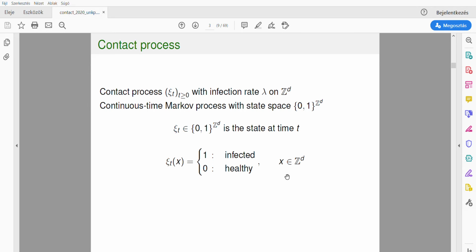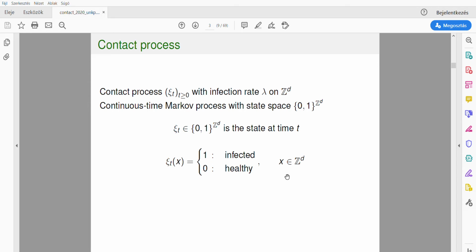These are going to change over time. Healthy individuals can become infected, then they can become healthy again, and this can go back and forth. So this contact process is a model of a disease for which there is no immunity.